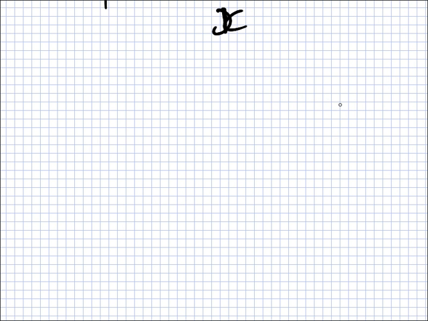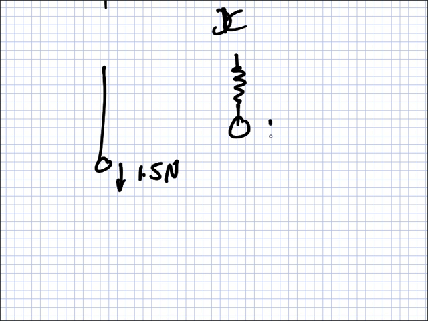The reason it's wrong is because if you pull this down with 1.5 newtons, at the beginning, when it's slack, I know you're pulling with 1.5, but it's not stretched. Okay, it's like this.